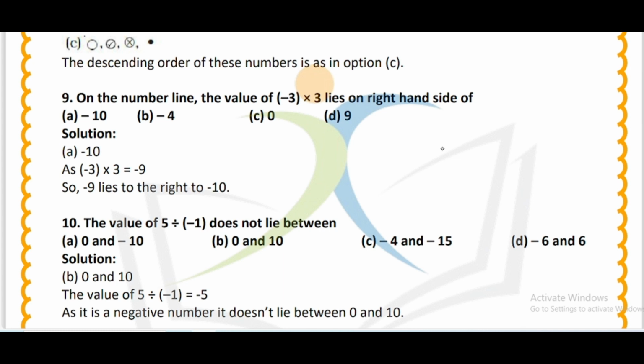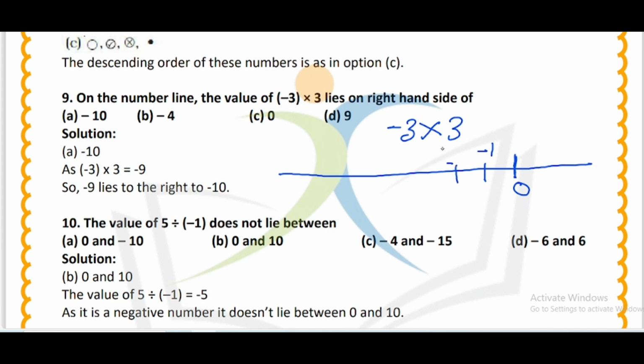On the number line, the value of minus 3 into 3 lies on the right hand side of which? Let's see. On a number line, when we move left of 0, it shows negative integers, that is minus 1, minus 2, minus 3, minus 4, minus 5, minus 6, minus 7, minus 8, and minus 9.